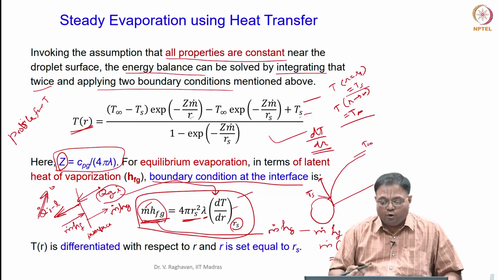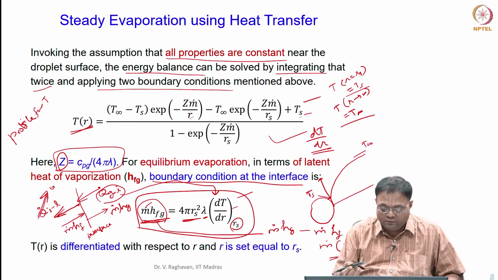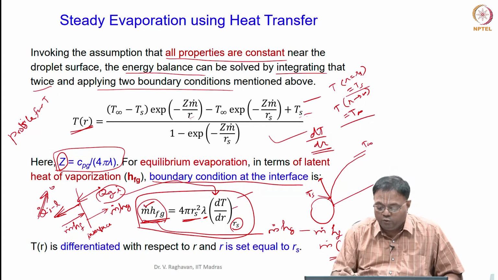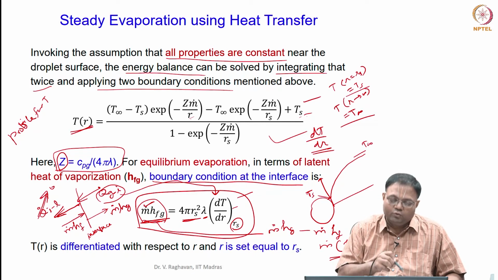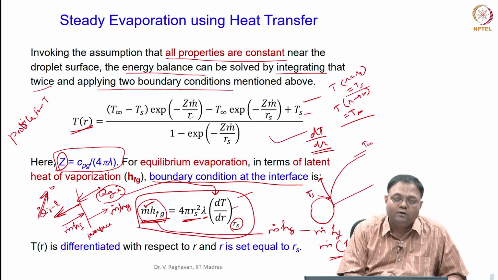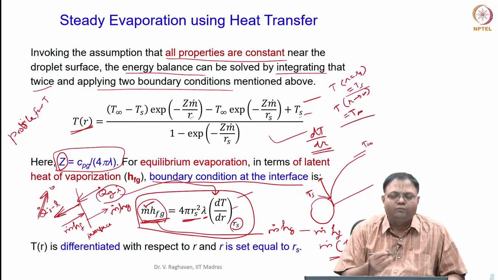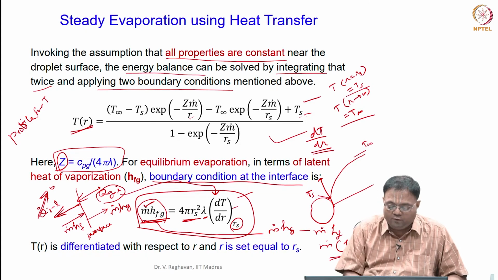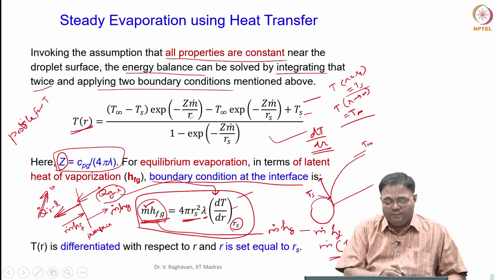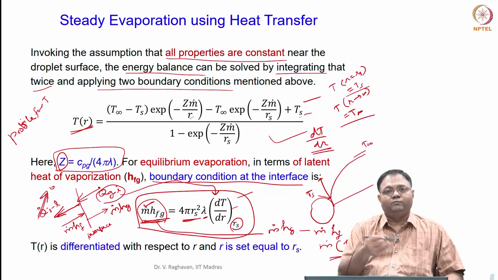The assumption made is that the liquid temperature is uniform, so Q dot I to L equals 0. If it is not 0, I have to add one more appropriate term to the left hand side. But to simplify the problem, we have assumed that as 0.